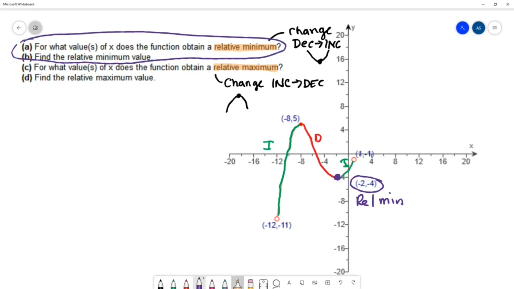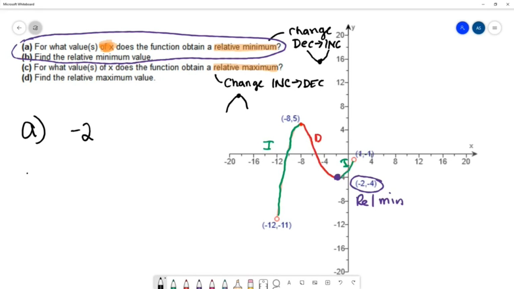So pay close attention here. The first part, part A, says what values of x? So for part A, we're going to answer -2, the x coordinate.